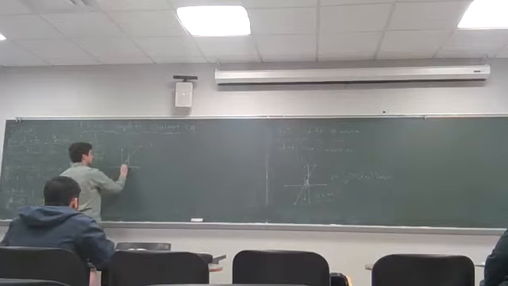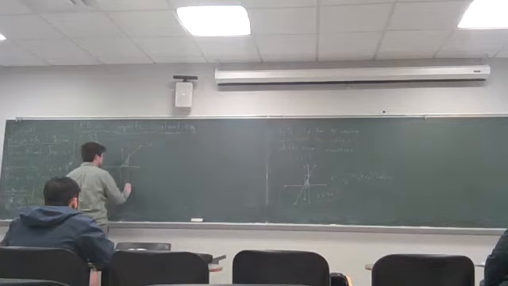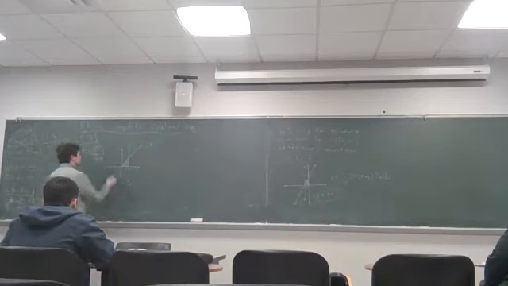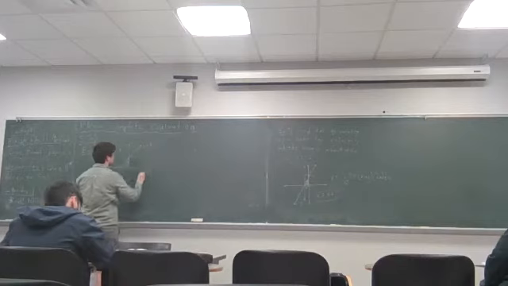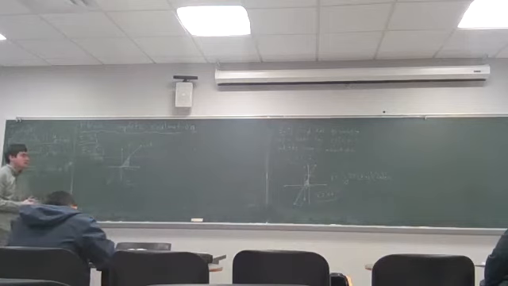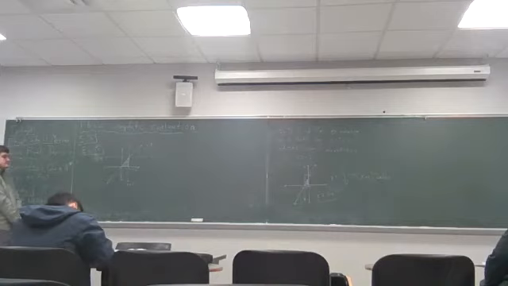We have x equals 1, and we're bounded by the x-axis. This time, I'm gonna rotate. I want to find the volume by rotating this around the line y equals 2.